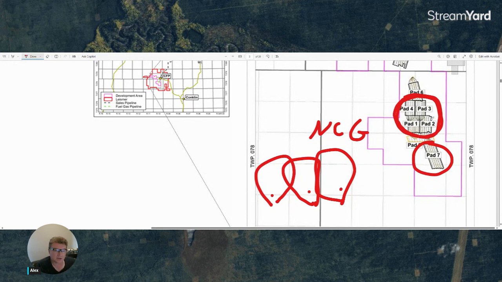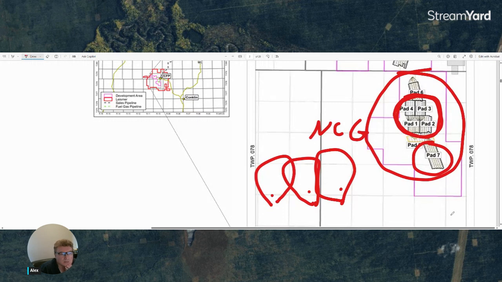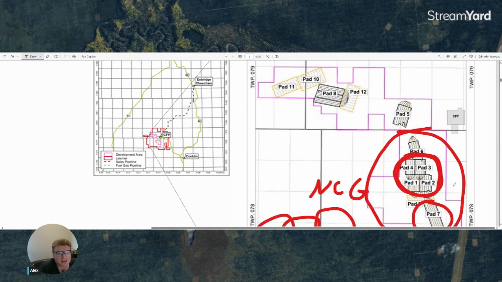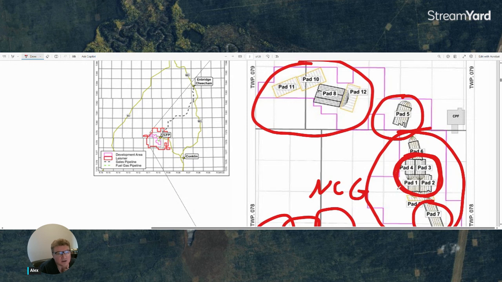So when you make your selection in AccuMap, select 1, 2, 3, 4, all of those pads. Or you may choose to look at all of this region as one system to understand the NCG benefit, because maybe some of that gas migrated to pad 7. And then obviously we don't have communication with pad 5, and we don't have communication with this region here.